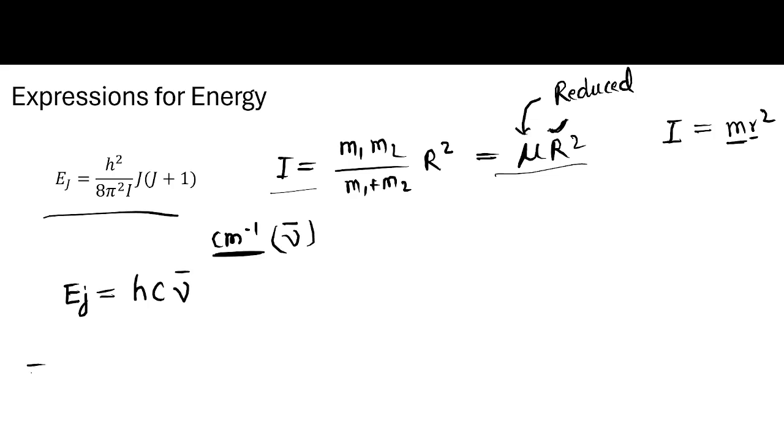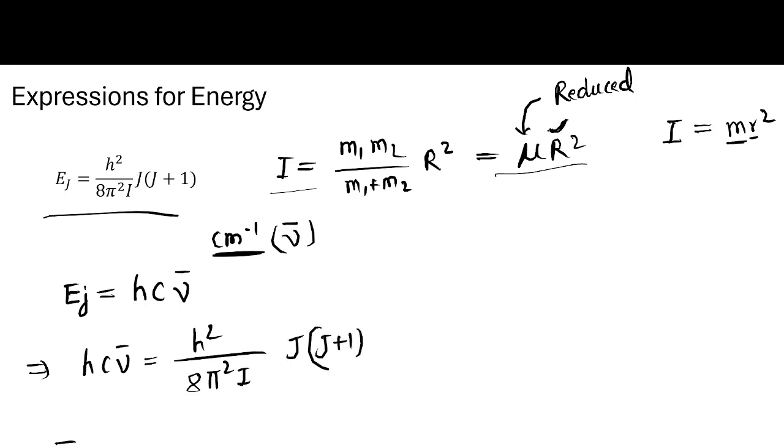So we can substitute and get hc nu bar equals h square over 8 pi square I times J into J plus 1. This h will be cancelled out, so nu bar equals h over 8 pi square I c times J into J plus 1, and we call this B.